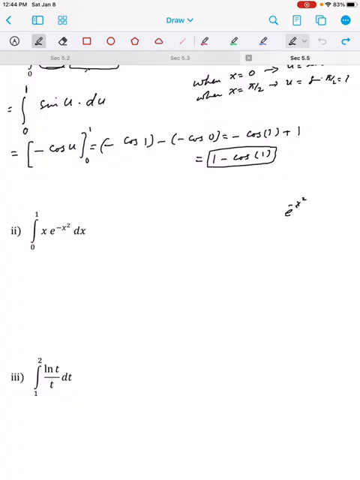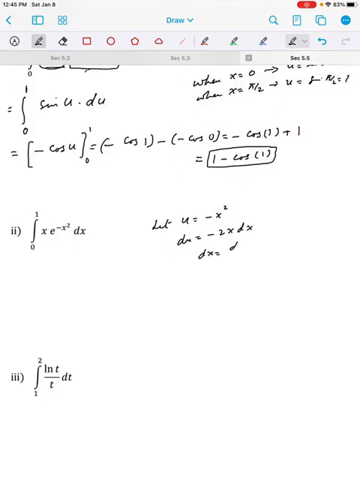Okay, so let's start. What will we take as u? So we say let u equal minus x square. Then du will be equal to minus 2x dx.